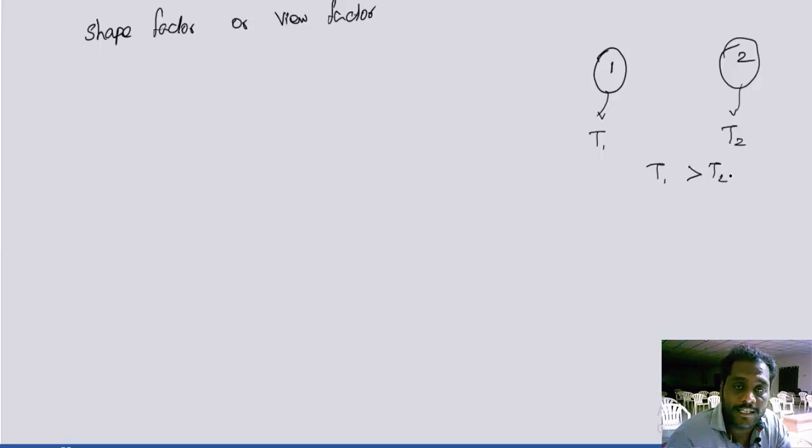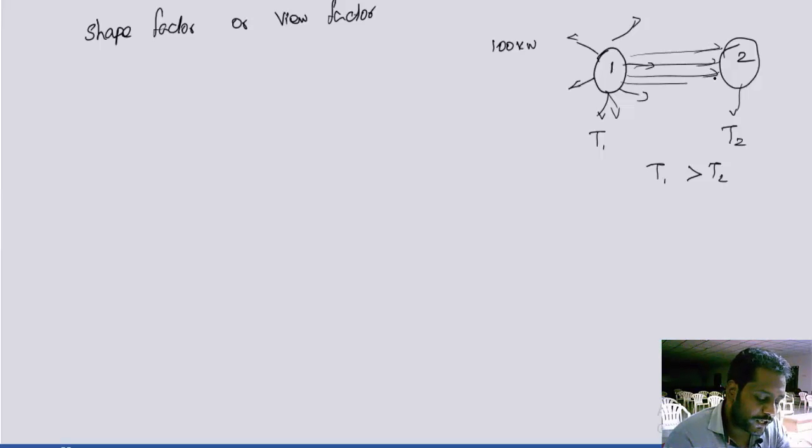Object 1 is always emitting radiation in all directions. The total radiation emitted by object 1 is considered as 100 kilowatts. If this object emits radiation in this direction, it will be absorbed by object 2. The radiation received by object 2 will be 20 kilowatts only.